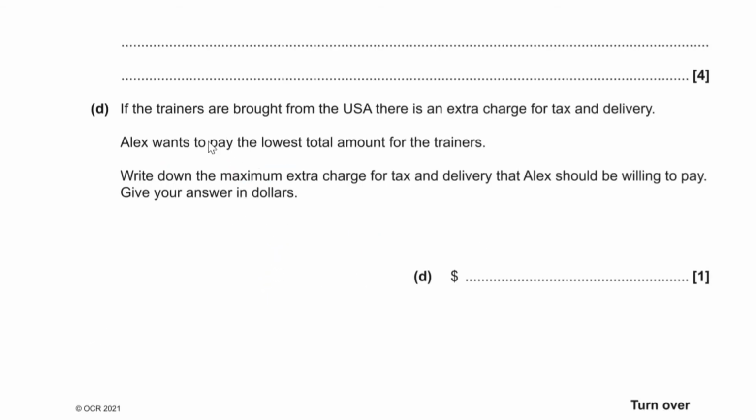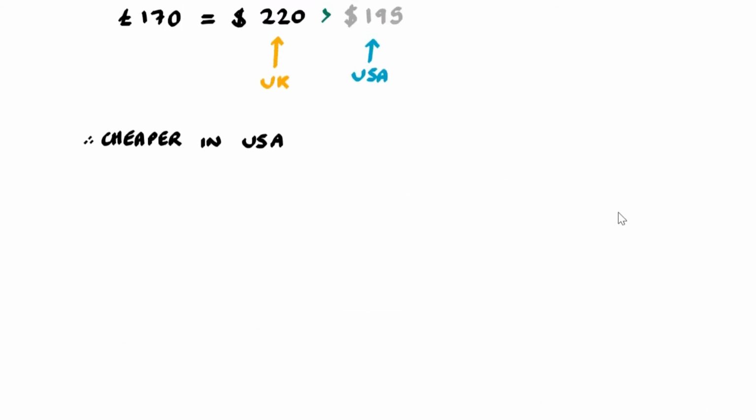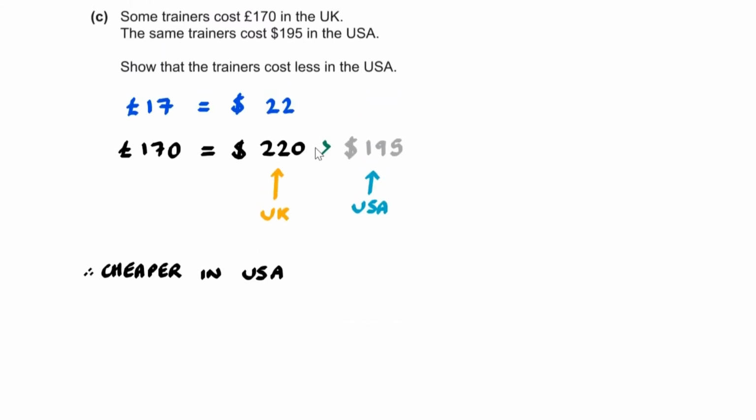For part D, if the trainers are bought from the USA, there is an extra charge for tax and delivery. Alex wants to pay the lowest total amount for the trainers. We have to write down the maximum extra charge for tax and delivery that Alex should be willing to pay. Give your answer in dollars. Well, to work out what this is, what we need to do is compare our amount with the USA amount.